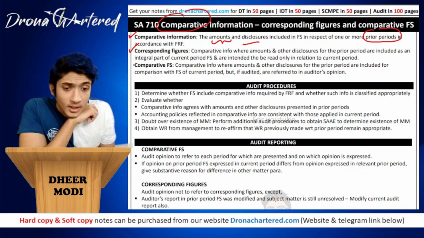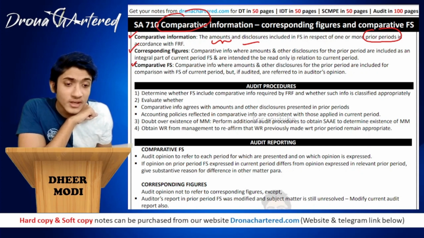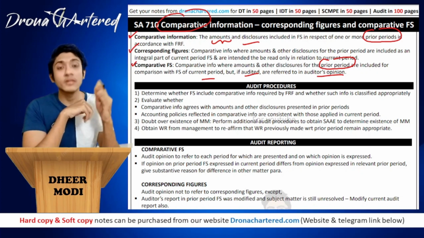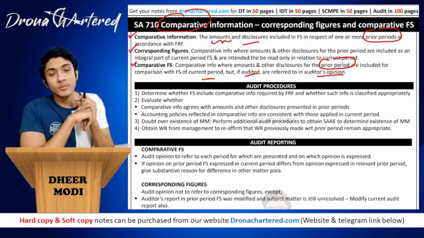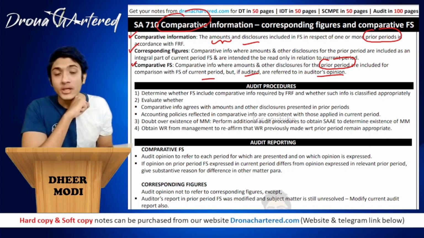Okay, and what is a comparative financial statement? Comparative information where amounts and other disclosures for the prior period are included for comparison with the financial statements of the current period, but if audited, are referred to in the auditor's opinion. That is, if my prior period information has also been audited, then we will mention this in the audit opinion.